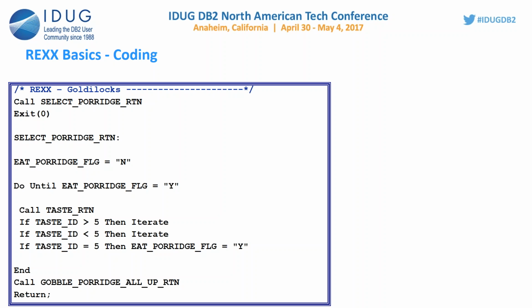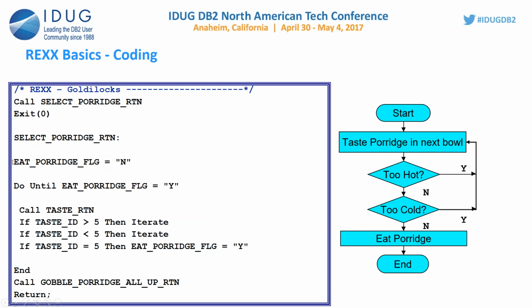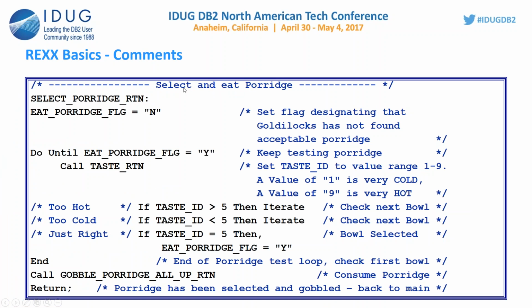We've got conditions, we've got calls to other routines, we've got a loop going on, and so on. Okay, so it's fairly simple, straightforward little language. If you've written in any other programming language, this is not going to be a stretch. Pretty easy to use. Okay, and you see the flow chart for what we just talked about there.